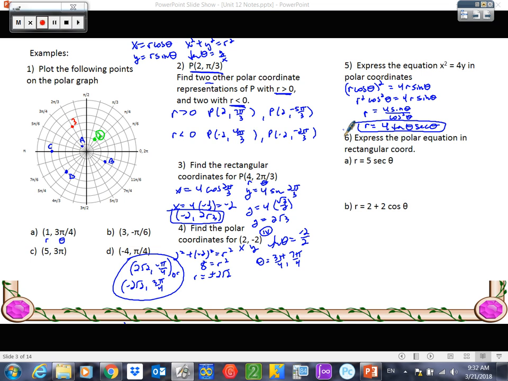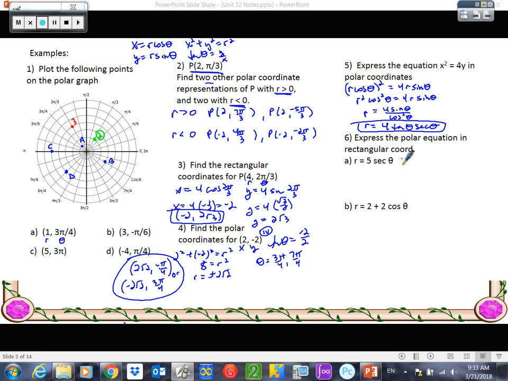None. Some students will change this to secant x or something, like, oh, I got an x. No. You can't have any trig left at all. It has to be completely eliminated. The only thing that you're allowed to have in there are x's and y's, some configuration of x's and y's, no trig.